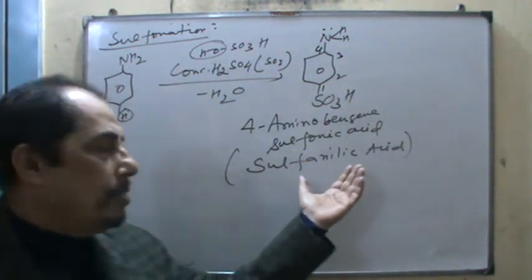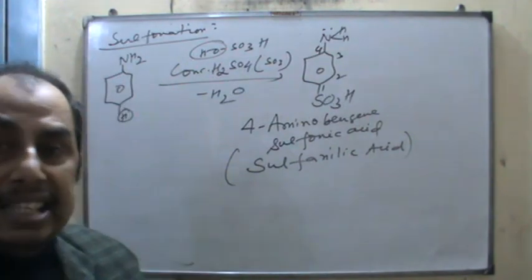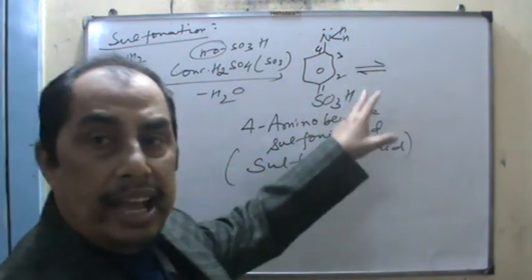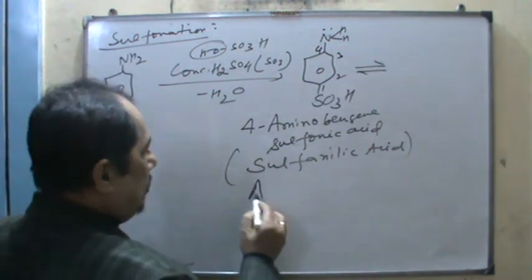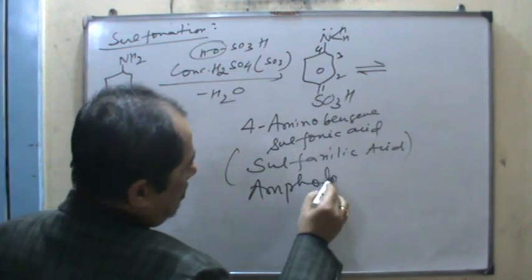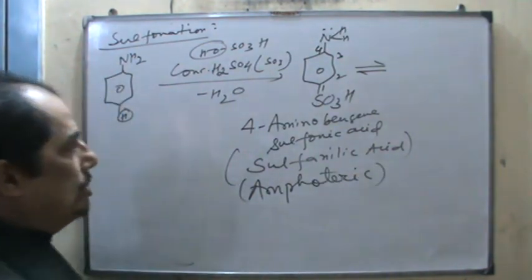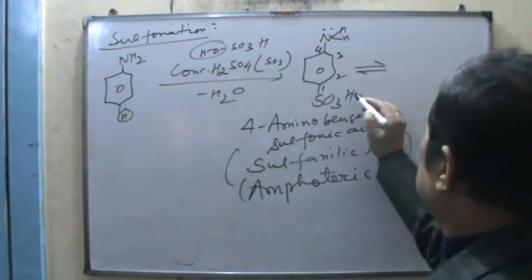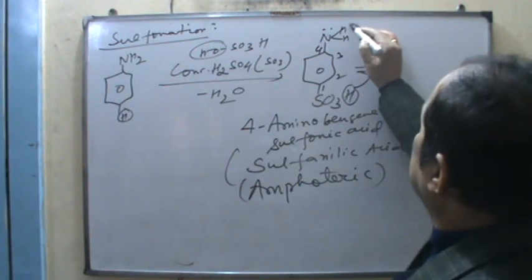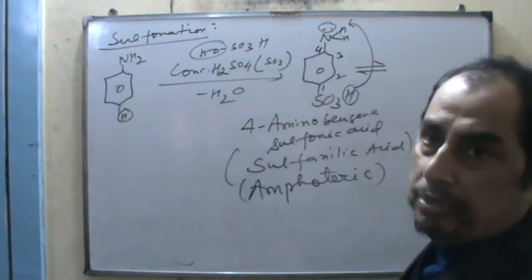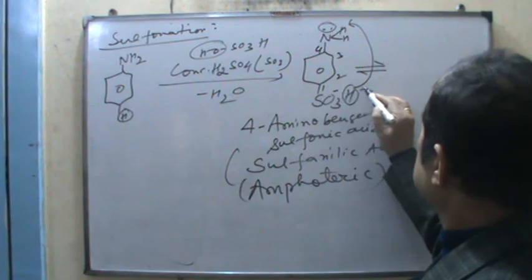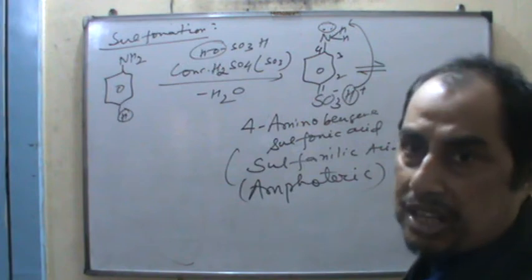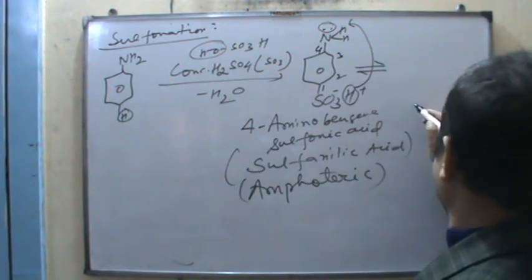This is another very important name, sulfanilic acid, a molecule which contains acidic as well as basic character, that is also considered as amphoteric in nature. So what do they do? There is a migration of the hydrogen ion from acid to the base, because it has a lone pair of electrons. This lone pair will be provided to the H, and H will be migrated towards the aniline.